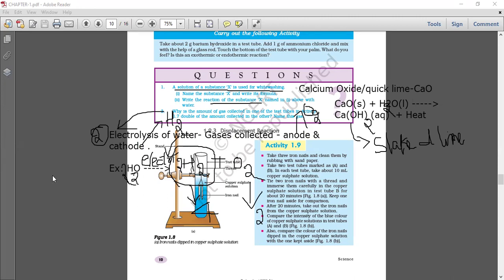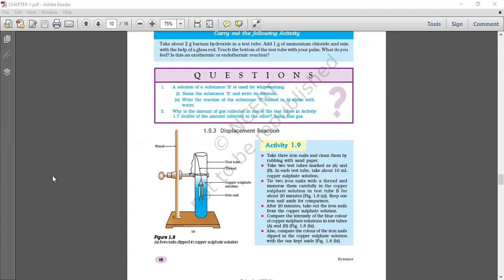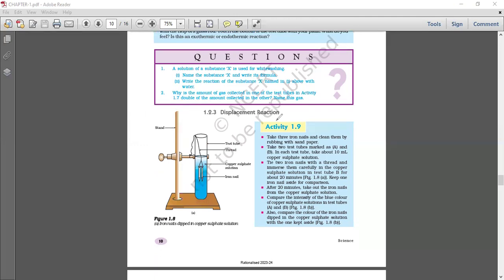Now let us see the next activity, which is displacement reaction. Again, a simple trick you can remember: A plus BC gives rise to AC plus B. Here what happens?